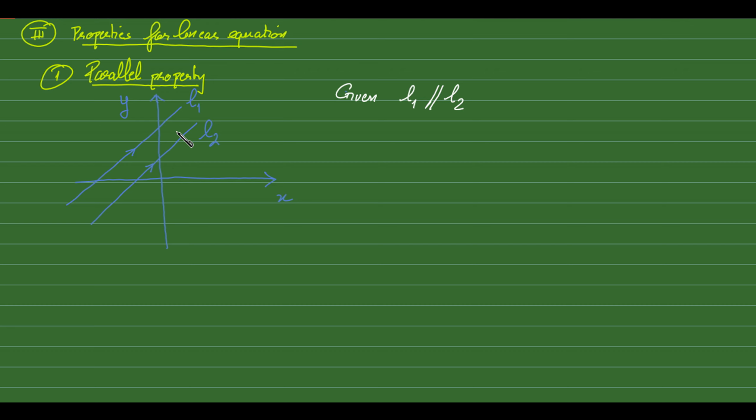So given L1 parallel to L2, the slope of L1, called m1, equals m2, which is the slope of line L2. I want you to memorize this property.